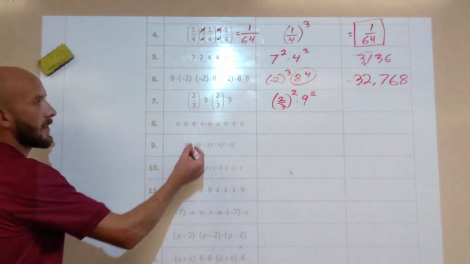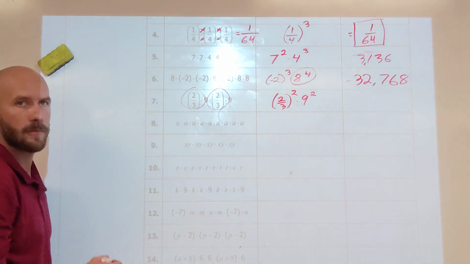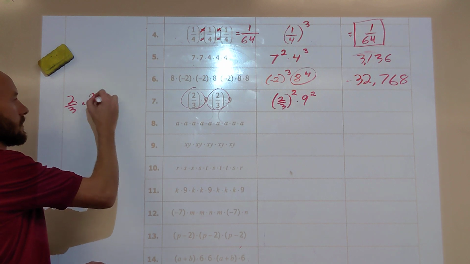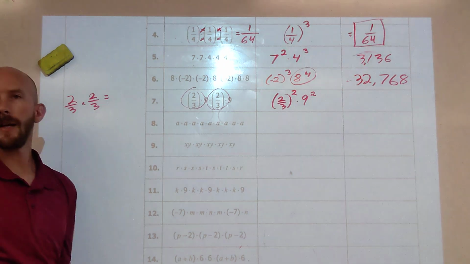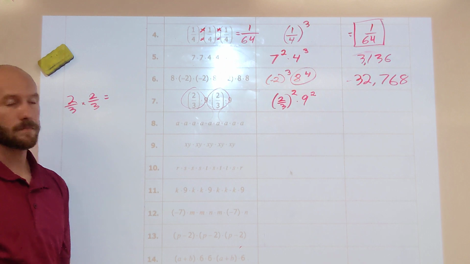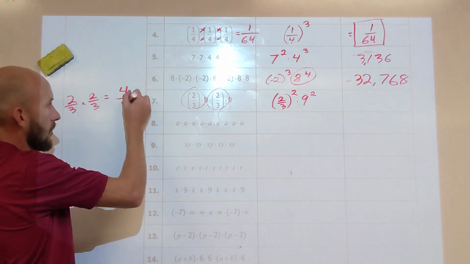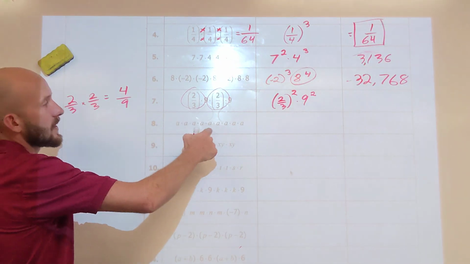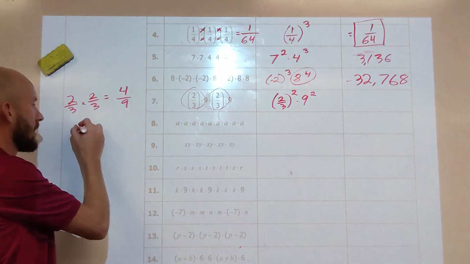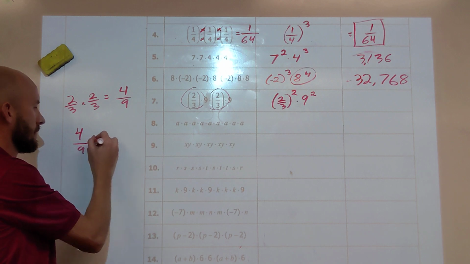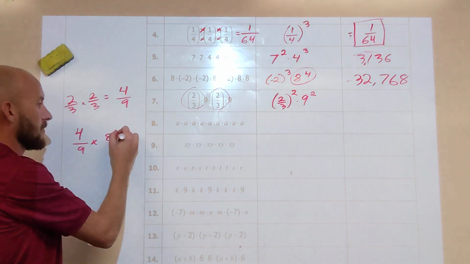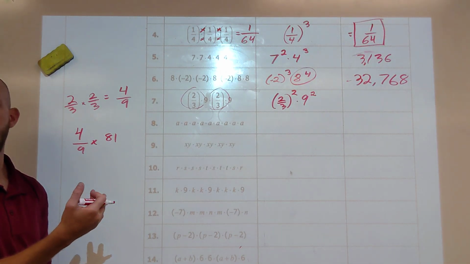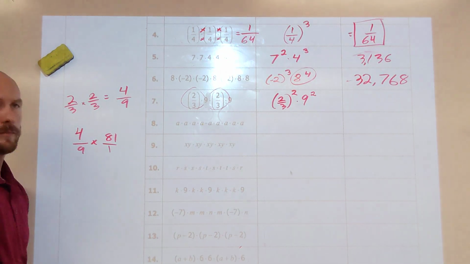Now, to figure this out, I'm going to multiply the fractions together first. 2/3 times 2/3. How do I do that? Multiply right across. Okay, so that's going to be 4/9. And then I have to take that answer, and do you know what 9 times 9 is? 81. Okay. So does it make sense I have to take 4/9 times 81? Okay.